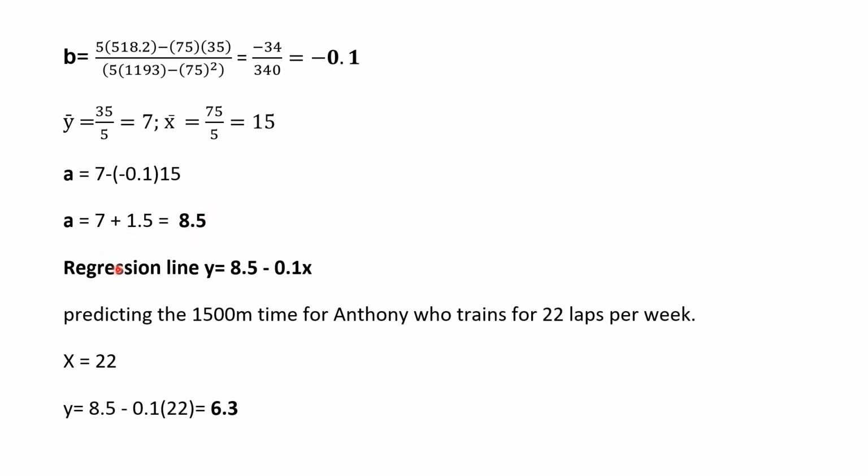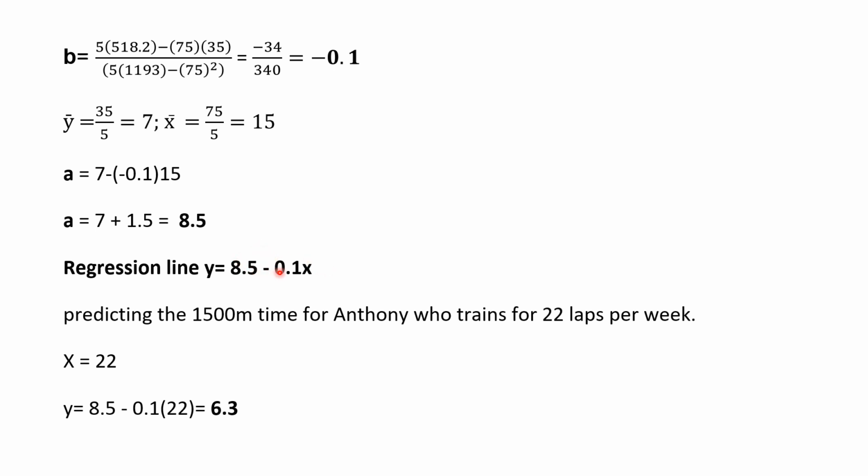Now, I said you need to first get the regression line before you can predict. Now, this is our regression line. Y is equal to 8.5, the A, minus our B, which is negative 0.1. Don't forget that. It is not positive. Negative 0.1 x. All right, but remember it's y equals a plus bx.